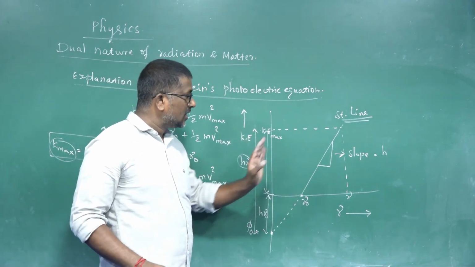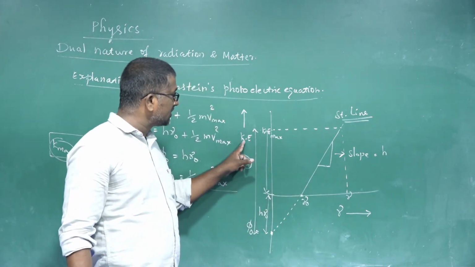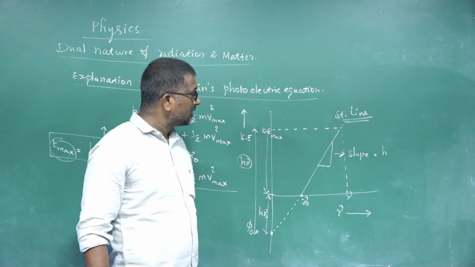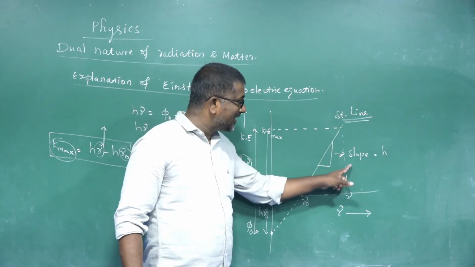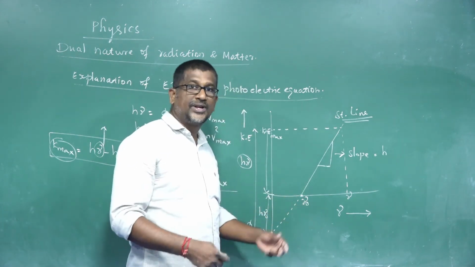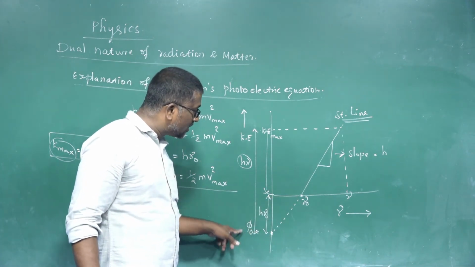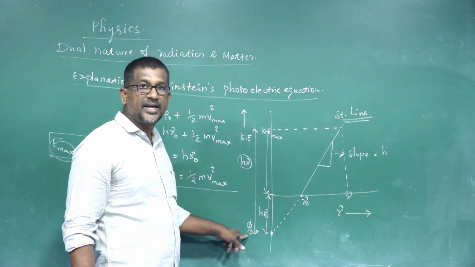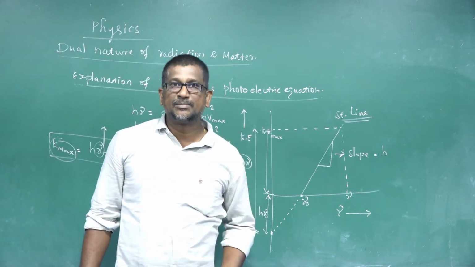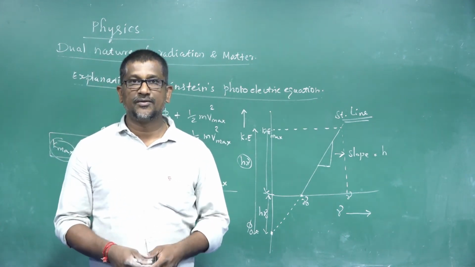So from this graph, it is clear that the graph drawn between the frequency of the incident radiation and the kinetic energy of the emitted photoelectron is a straight line; the slope gives Planck's constant, the x-intercept is the threshold frequency, and the y-intercept is the photoelectric work function of the metal. These are the theoretical explanations given by Einstein on the basis of the quantum theory of radiation.